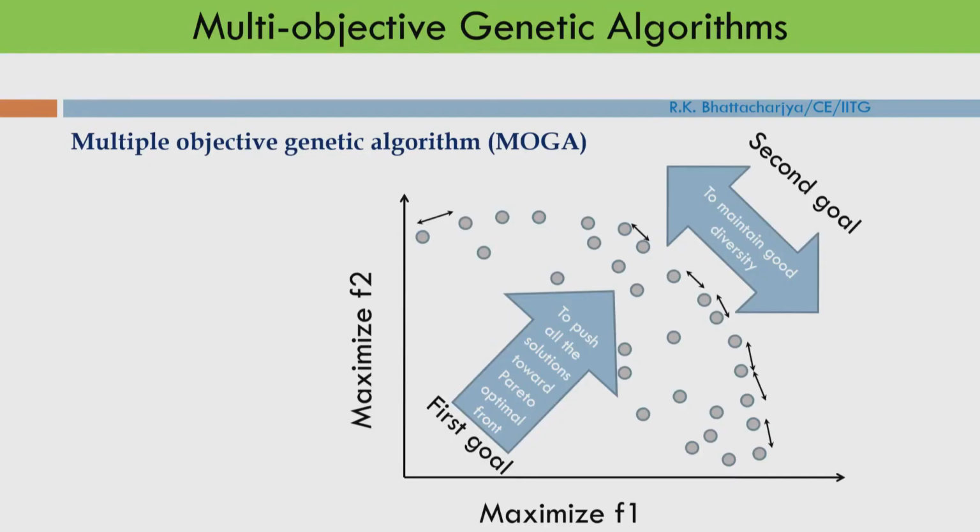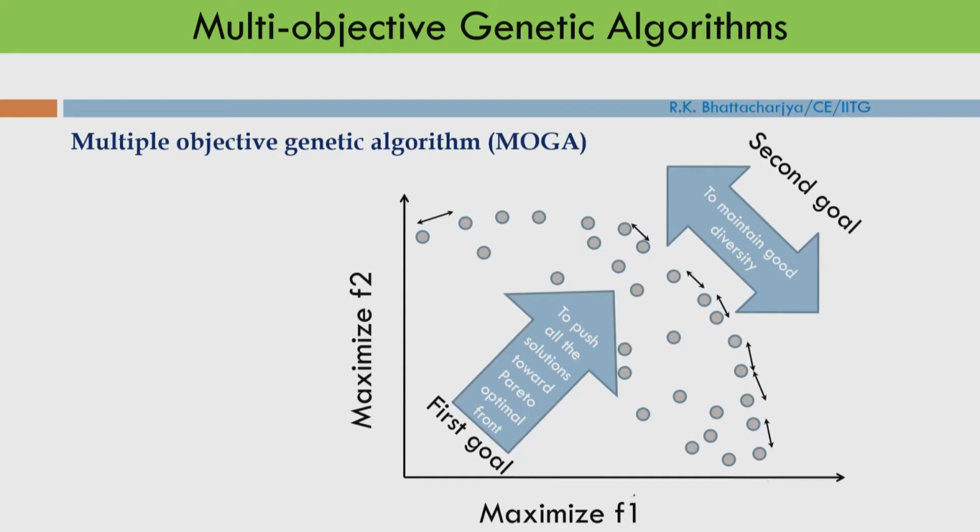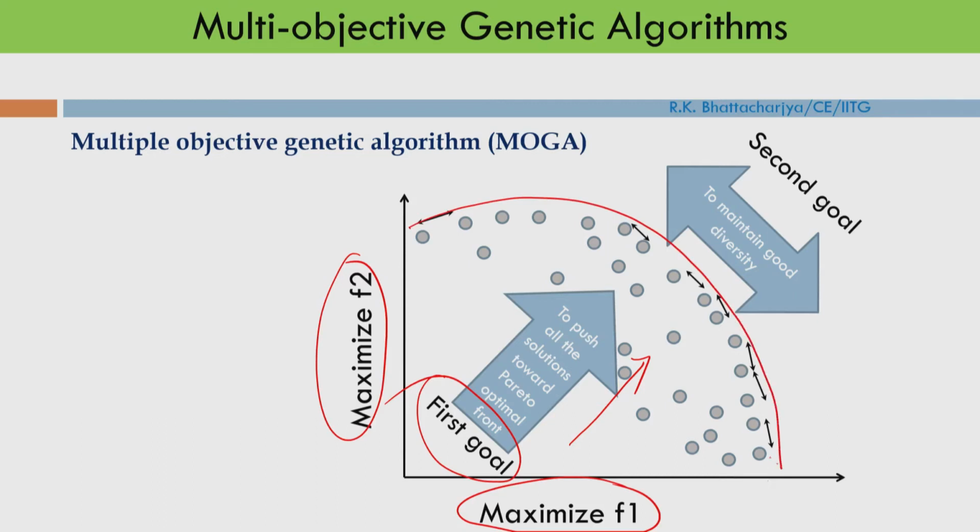Now, with this background, let us discuss the multi-objective genetic algorithm. We call it MOGA. MOGA has two objectives, as I have shown you. Suppose in this case, we are maximizing F1 and maximizing F2. So, here there are two goals. If you want to design an algorithm, this algorithm will have two goals. The first goal is that you are trying to push the solution towards the Pareto optimal front. The Pareto optimal front is somewhere here.